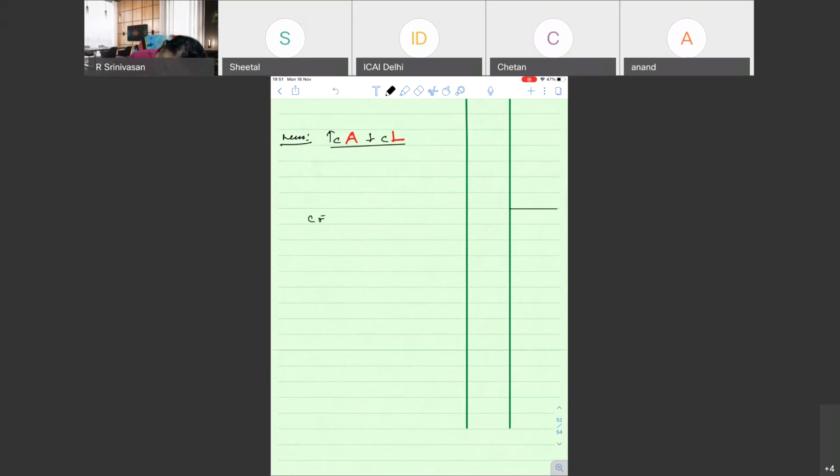So cash flow after working capital adjustment, less tax paid. So we get cash flow from operating activities.